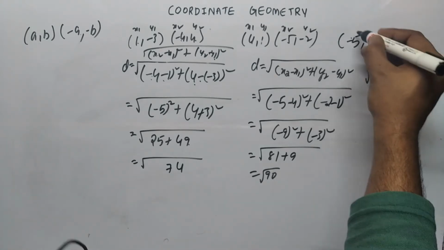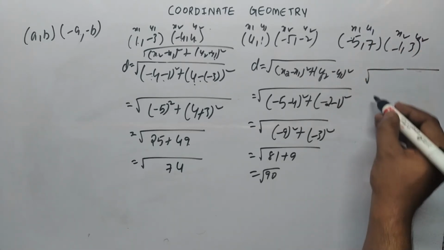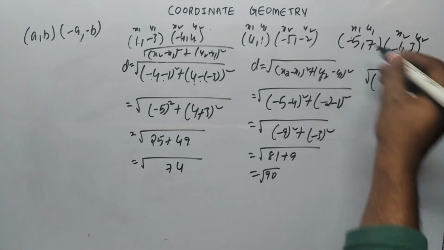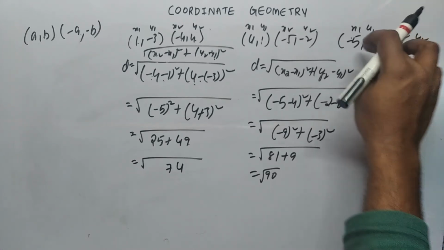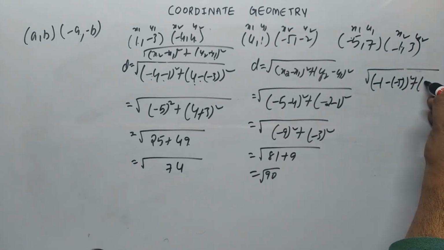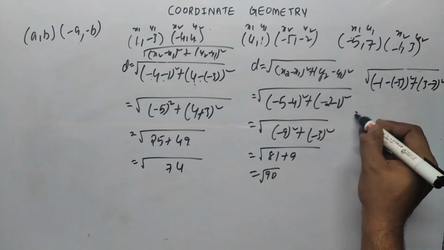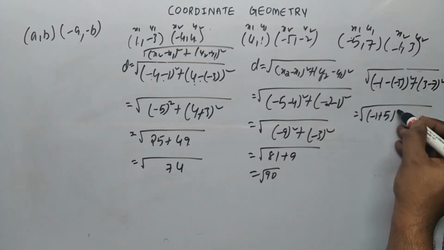So this is x1 y1 x2 y2. So x2 minus x1, so minus 1 minus of x1, so minus 5 whole square, y2 minus y1, so minus 1, minus into minus becomes plus 5 whole square.